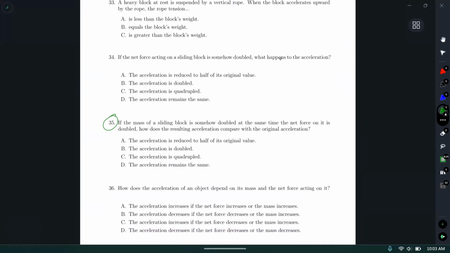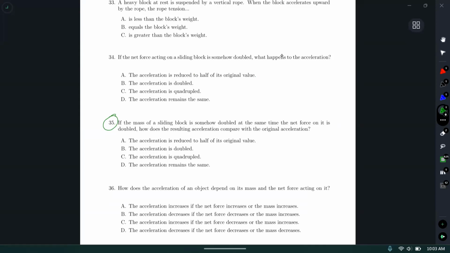I want you both to tell me why you're thinking what you're thinking, because I agree a little bit with both of you. If everything else is doubling, wouldn't the acceleration double with it? Well, what does increasing mass do to acceleration?